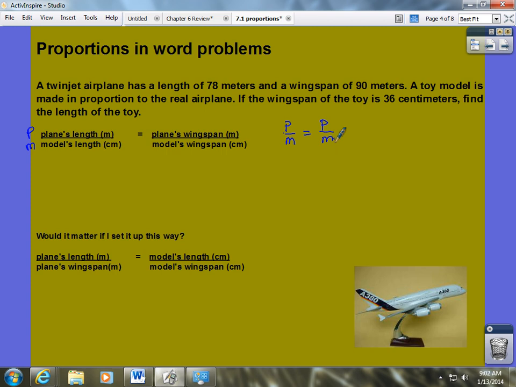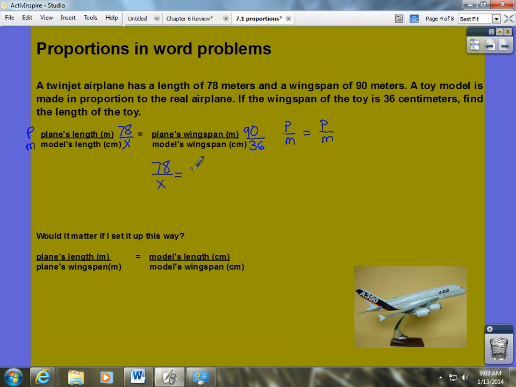And the model's length, let's see, toy model is made in proportion. If the wingspan of the toy, okay, we don't have the model's length. So we're going to put an X. The plane's wingspan is 90. And the toy's wingspan is 36. So we have 78 over X equals 90 over 36.